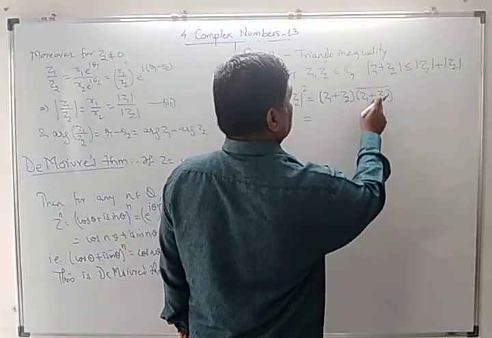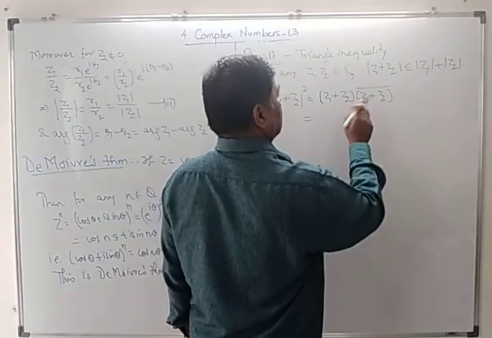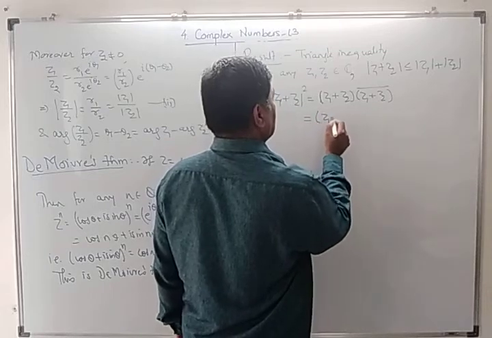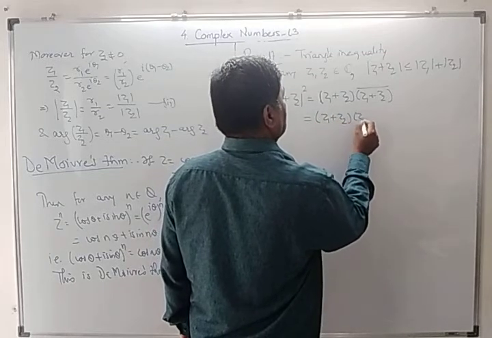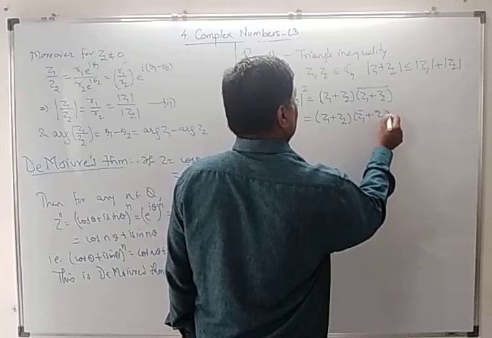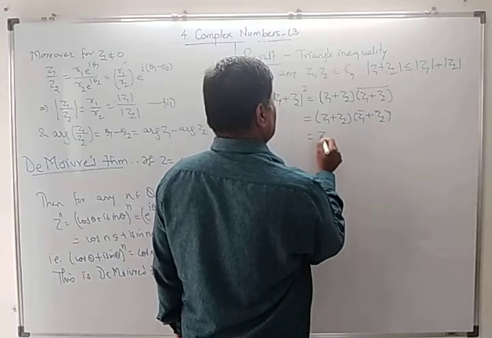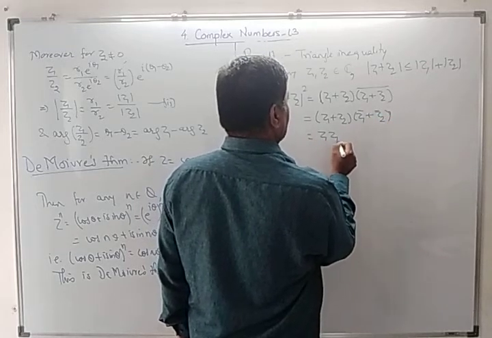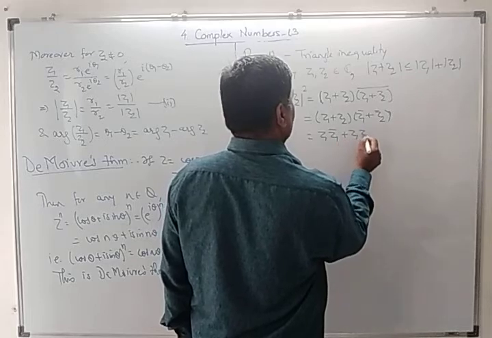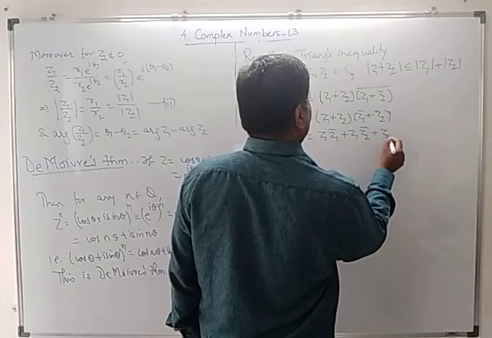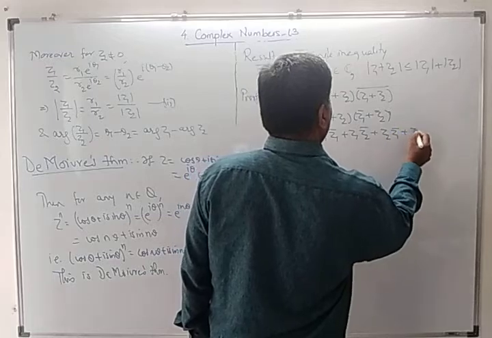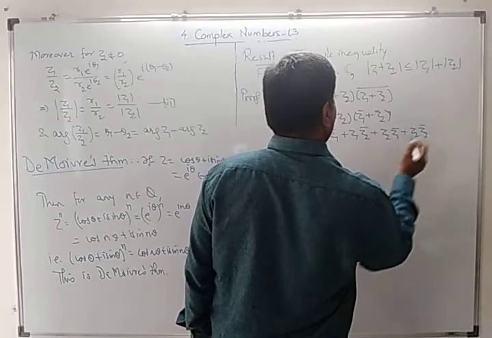Then the complex conjugate of an addition is the same as the addition of complex conjugates, so this is nothing but (Z1 plus Z2) into (Z1 bar plus Z2 bar), which is equal to Z1 Z1 bar plus Z1 Z2 bar plus Z2 Z1 bar plus Z2 Z2 bar.